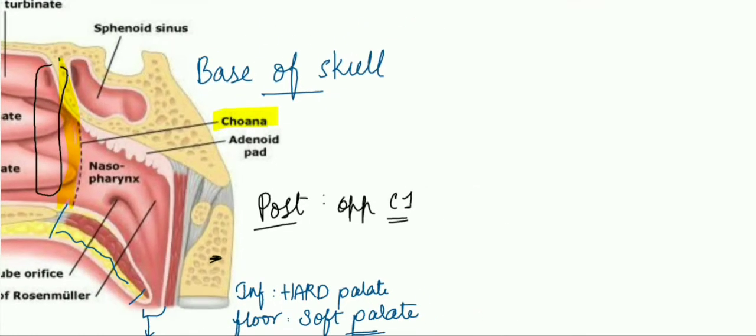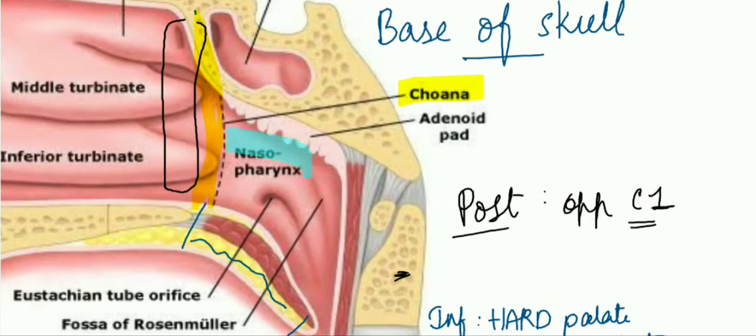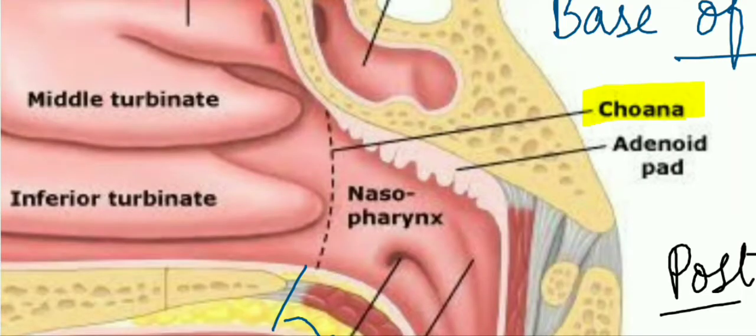Next, moving on to the most important one, the lateral wall of nasopharynx. Around 1.25 centimeters posterior to the inferior turbinate, we can see an opening. This is the pharyngeal opening of the Eustachian tube.